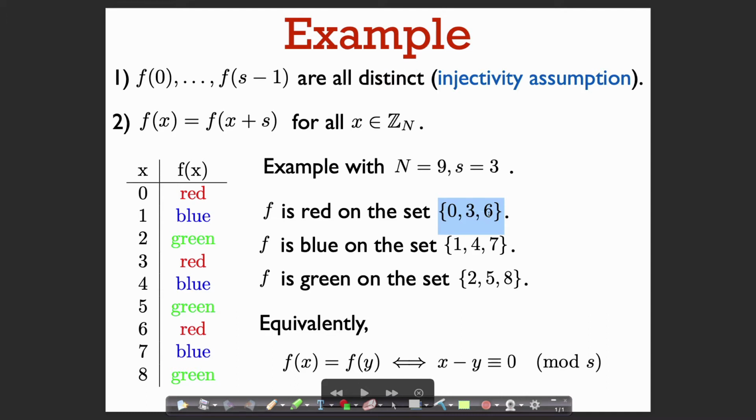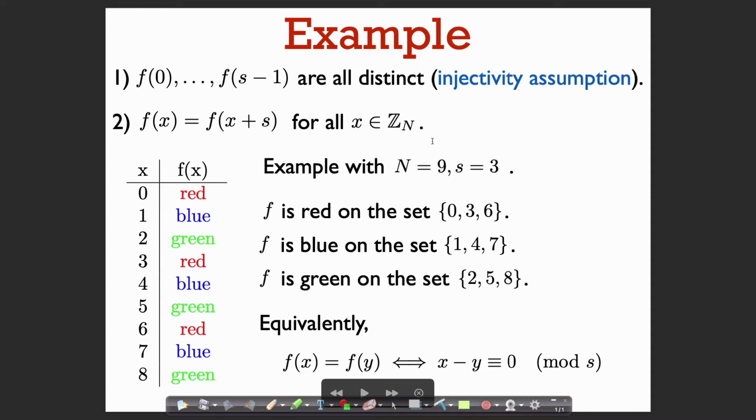Because 3 plus 6 is 9, which modulo n is 0. So this set is a subgroup of Zn. And the other sets here, well, they're not subgroups, but they are just shifts of this subgroup generated by s. So here we just shift all these elements by 1, we add 1, and here we shift all these elements by 2.